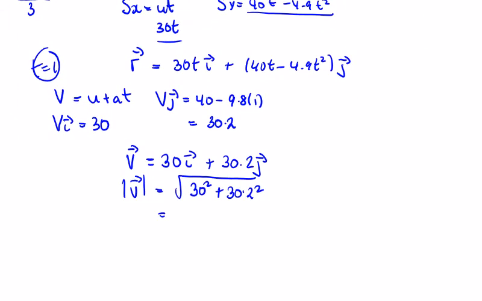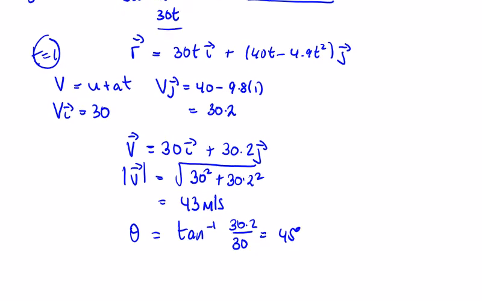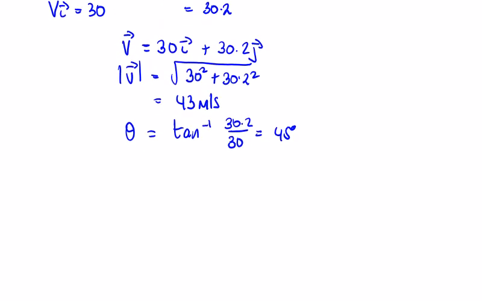So it's giving me 43 meters a second, and the angle theta is equal to the inverse tan of 30.2 over 30. Well, that's nearly 1. 30.2 over 30, so it should be 45. And yes, it is 45 degrees. So part 3 of this question, we're asked for the horizontal range.